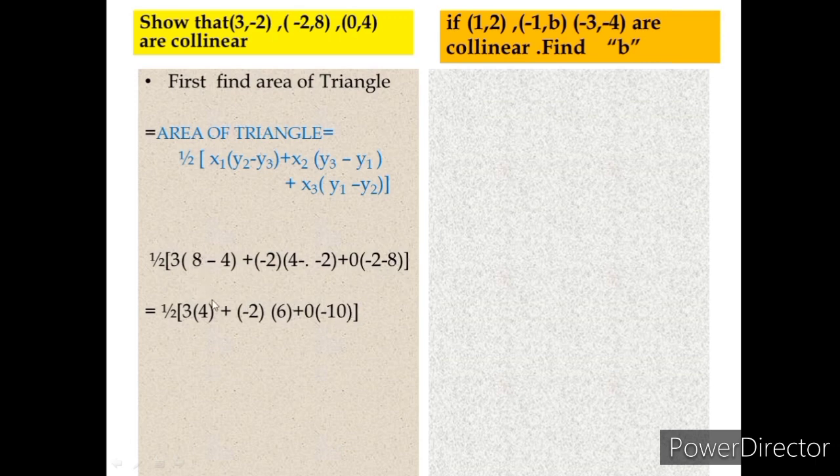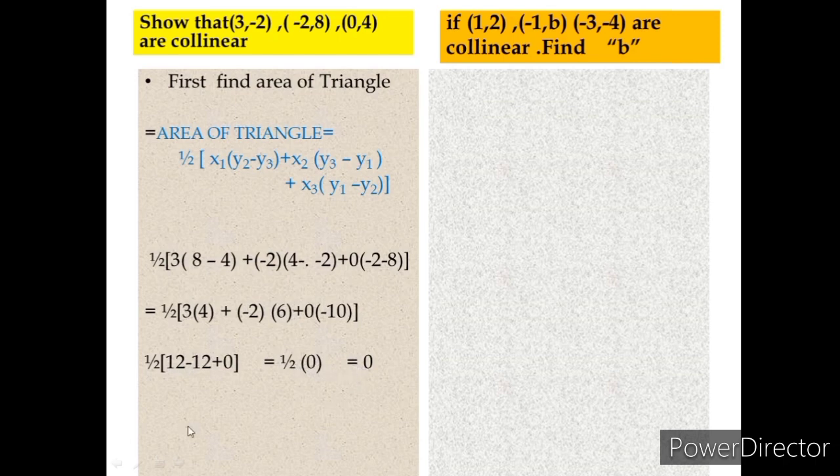That means I have to calculate only the bracket values. Thereafter the step will be like this: half, 3 4s are 12, minus into plus minus, minus 6 2s are 12, 0 into minus 10 is 0. Here plus 12 minus 12 cancel, 0 plus 0 is 0, half into 0 is 0.